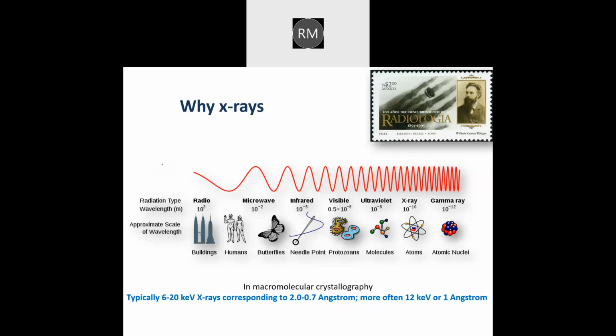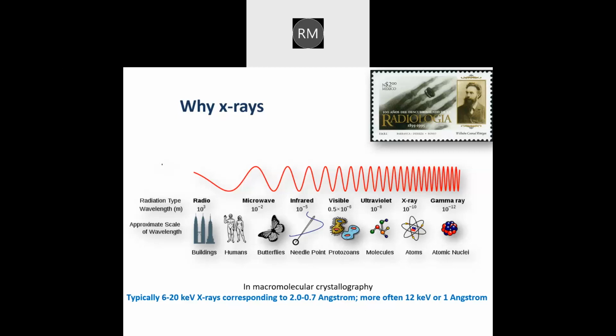These are X-rays. These X-rays have a dimension of atoms. For example, if you see a water structure, it is on the order of a few angstroms. So X-rays match the dimension of your molecules. As a result, one can very clearly probe the molecular structures. On the other hand, you have gamma rays, which are very powerful.